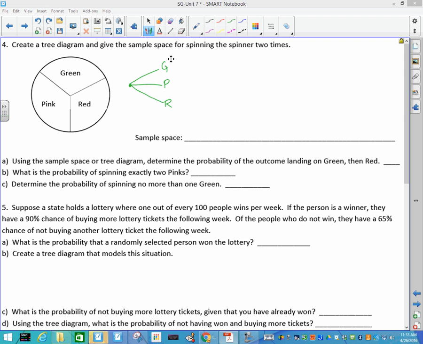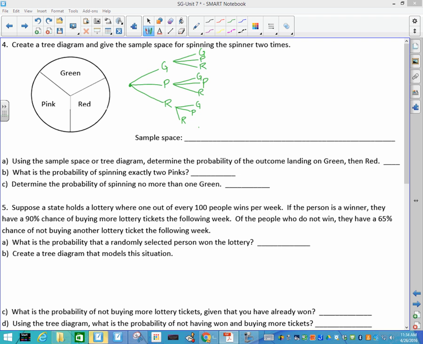And then when I spin it again, I have the choice of a green, pink, or red for each one of these. Green, pink, or red. And then I have green, pink, or red. And make that red.